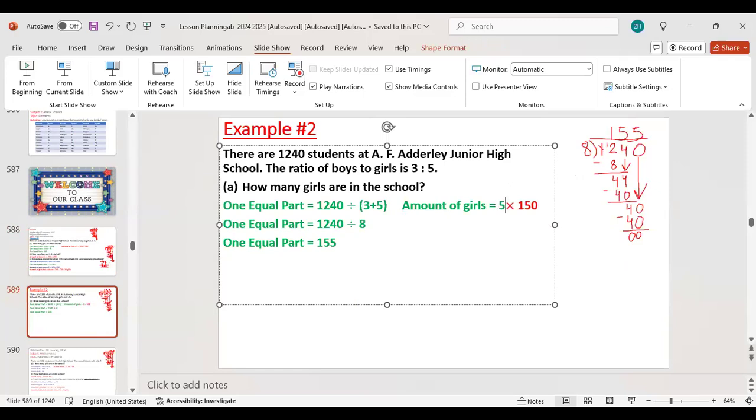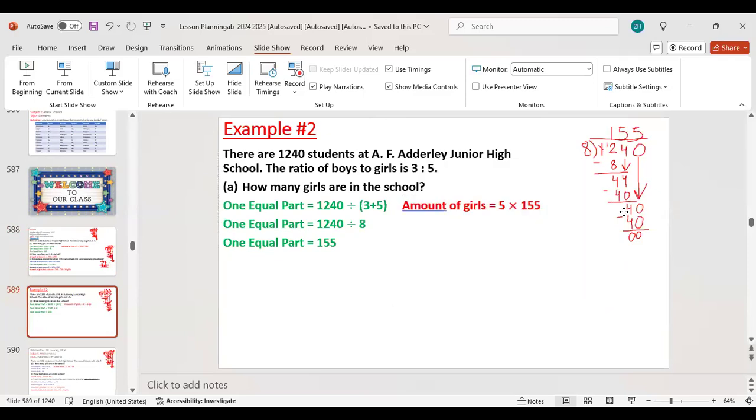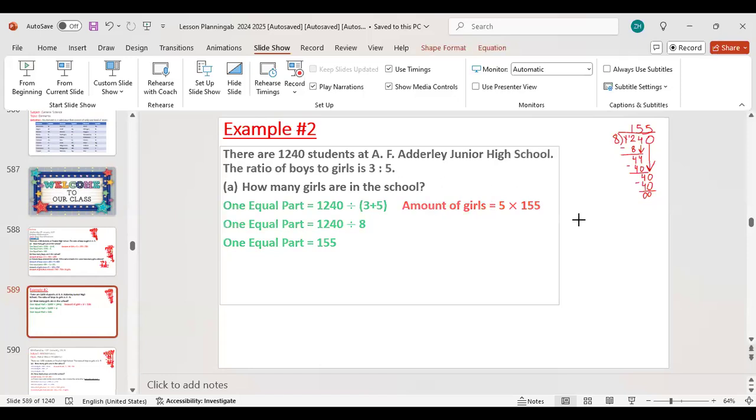Who's that speaking? Aiden. You say 775. Did anyone else get the same answer? 775. So we have to multiply 5 by 155.